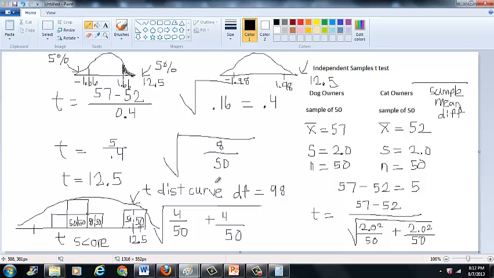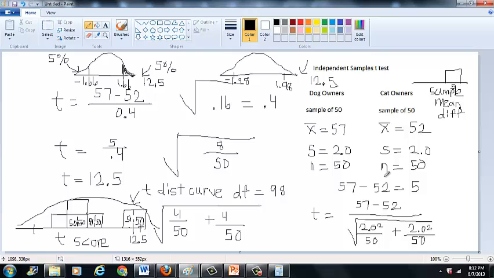The sample mean differences are just whatever the top of the t-score equals. In our case, it came out to 5. So our outcome, or our data set, had a sample mean difference of 5.